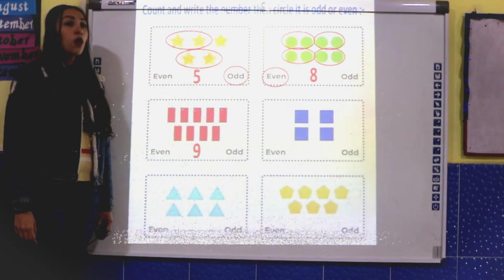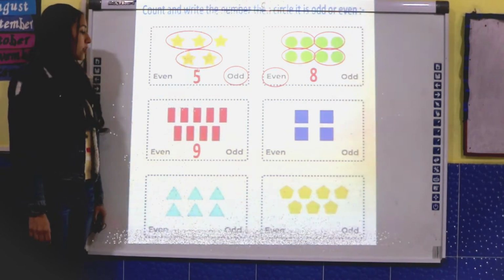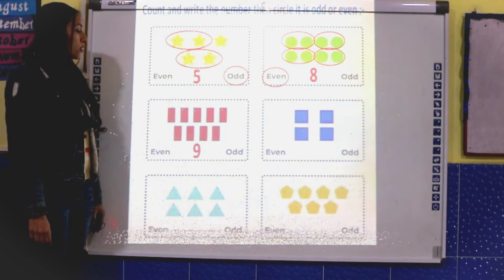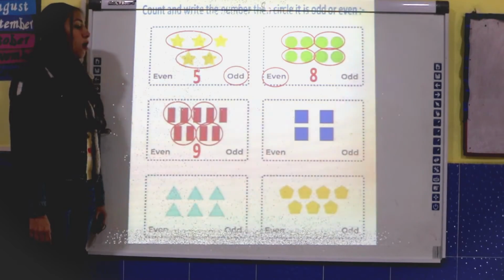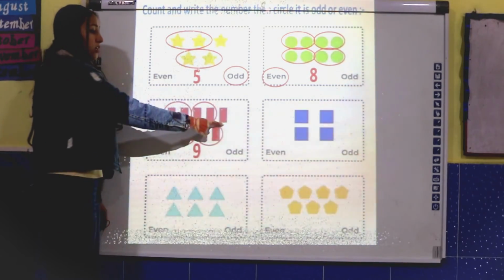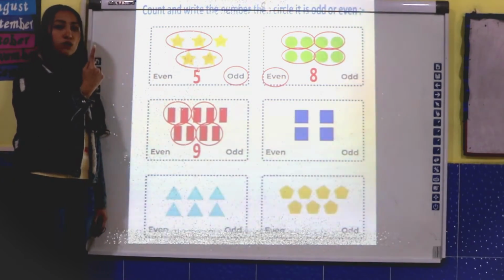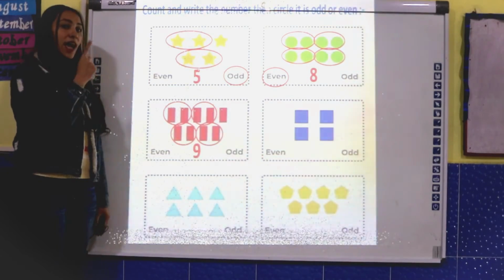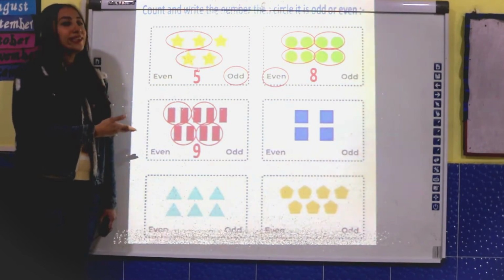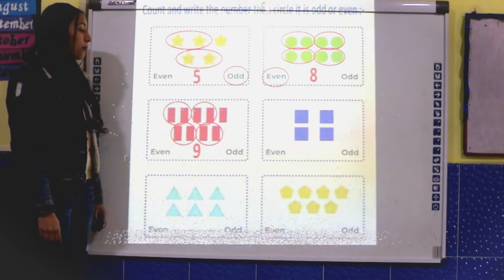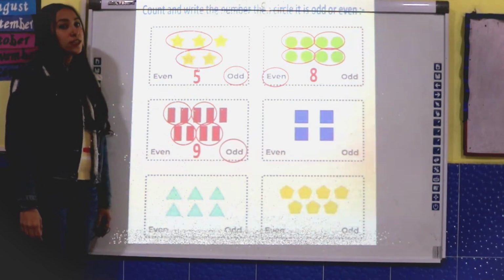Yes, odd number, but let's make sure. Let's try to make groups of 2. I have a group here, another group of 2, and another group of 2. Oh my God, can you see this sad friend alone without any friends? When I see a sad friend, it's an odd number or an even number? Yes, odd number. So number 9 is an odd number.